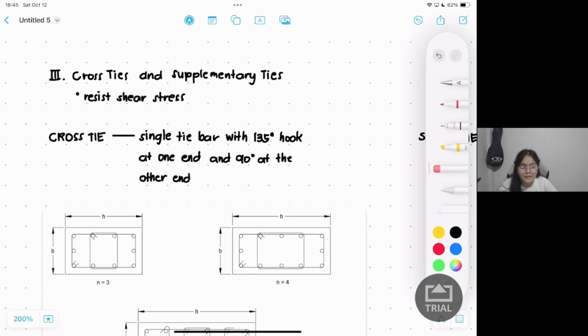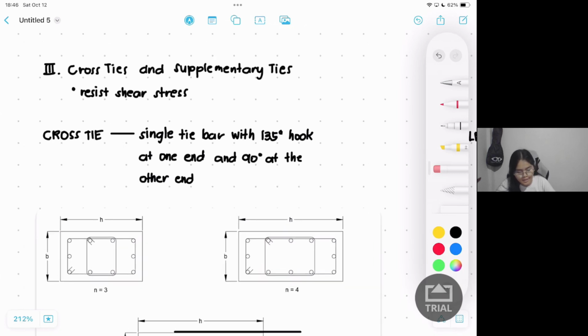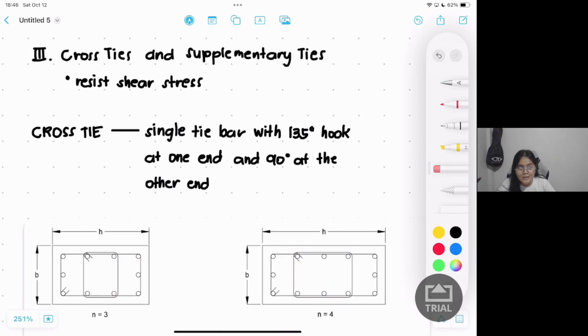For the third topic sa lesson natin, meron naman tayong cross ties and supplementary ties. Okay? And both of these rebars, ang purpose nila ay to resist shear stress. Pero, si cross tie, siya ay isang single tie bar with 135 degree hook at one end and 90 degree at the other end.